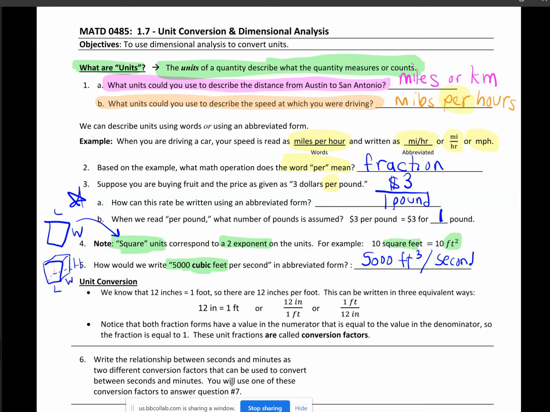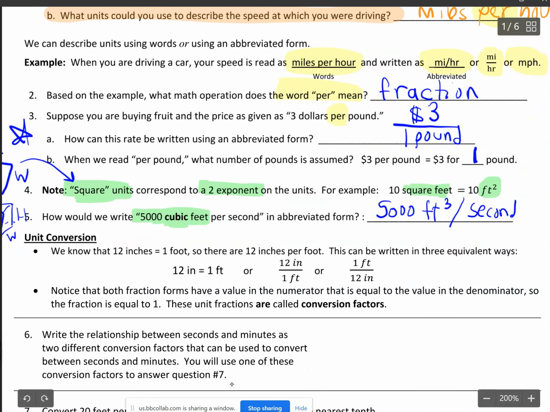Okay, now we're finally getting into the process that we already kind of talked about. In this unit conversion process, you have to have fractions, right? So we're going to practice taking information off a chart and writing a fraction. We already did this in our warm-up, but if I have on my table that 12 inches cashes in for a foot, if I give you 12 inches, you give me a foot.